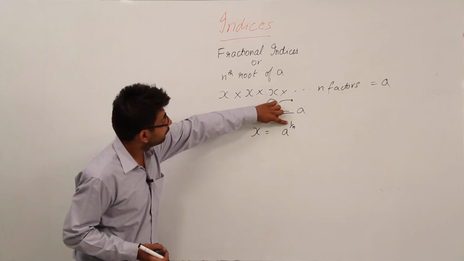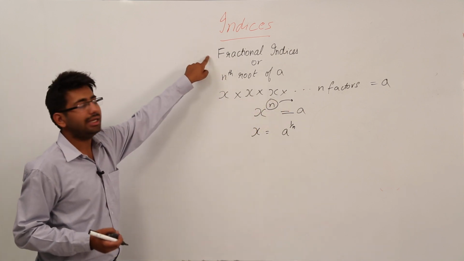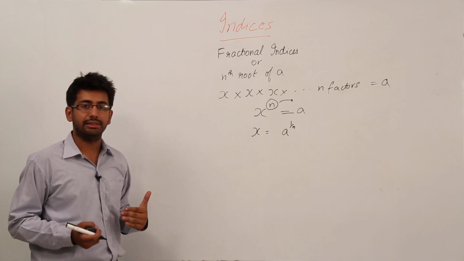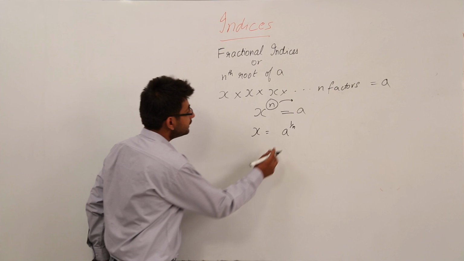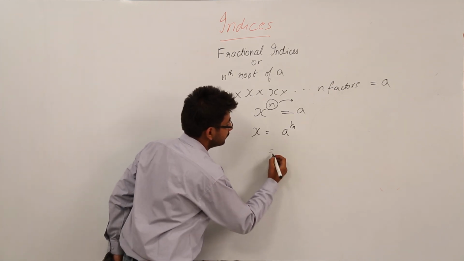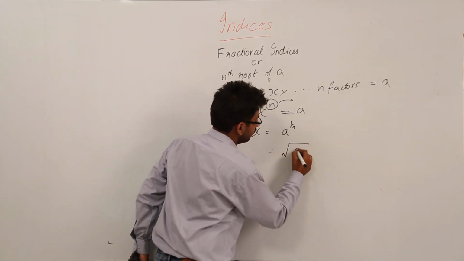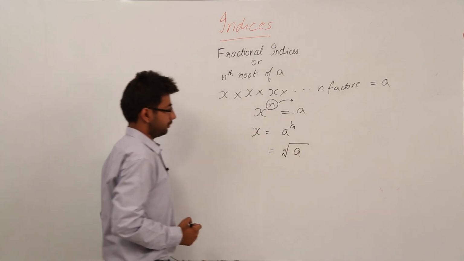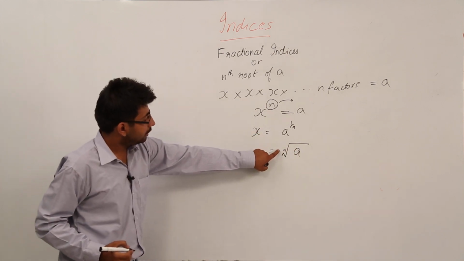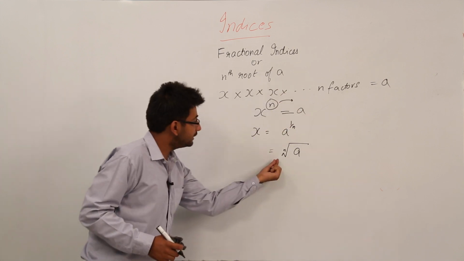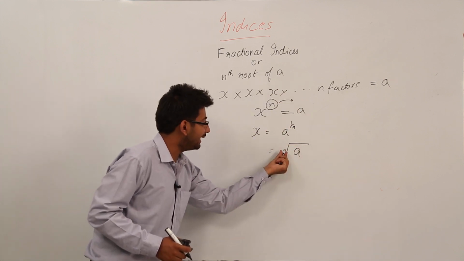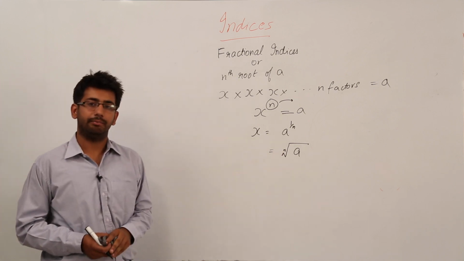That is why we call it fractional index, or fractional indices. You know that indices is the plural of index. This is also written as this. Here n is known as the degree, and 1 by n is written as a root, with n written over here.